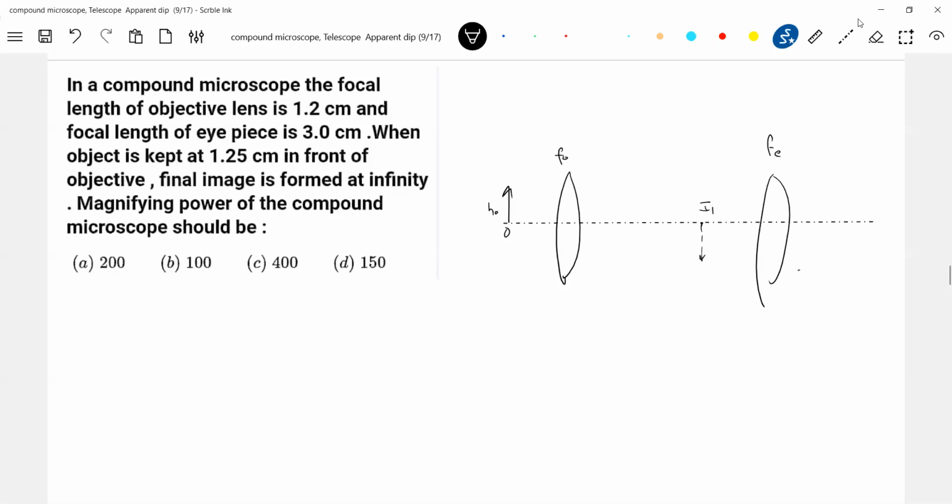So this is U0, and this is V0. This is UE, and this should be equal to what? UE should be equal to FE, because the final image is at infinity. Finally, the rays will become parallel.